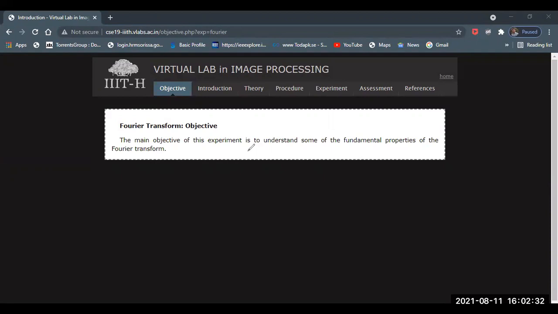In this lab, we learn how to convert a given image to the Fourier transformation, or in other words, how to convert the image to the frequency domain. So let us move to the introductory part.